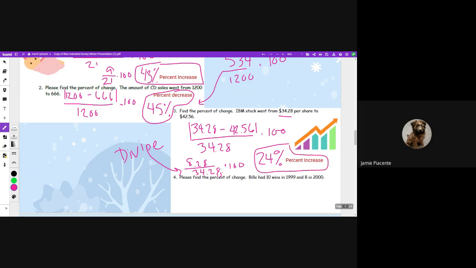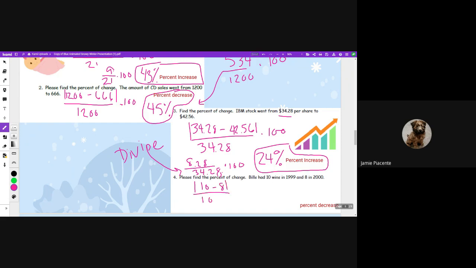Okay, please find the rate of change. Bills had 10 wins in 1999 and 8 wins in 2000. So we started with 10. We're down to 8. So this is a percent decrease because it went down. So my original is 10 minus my new is 8.